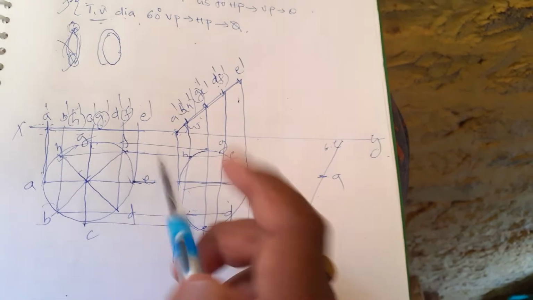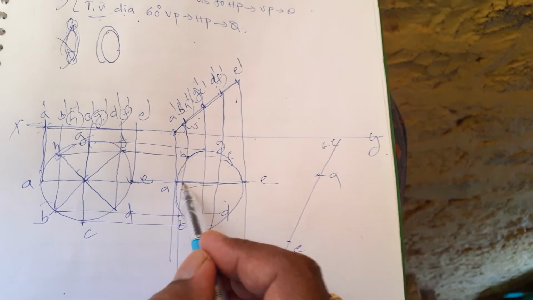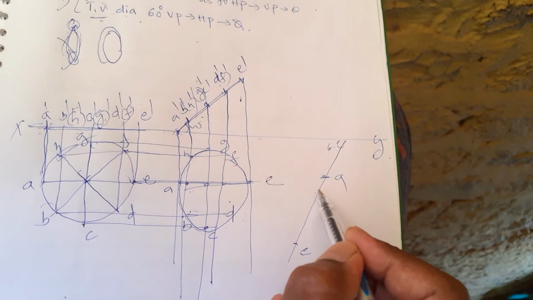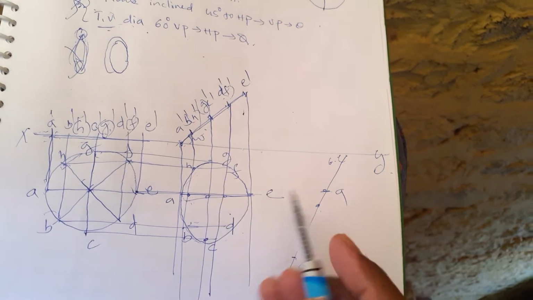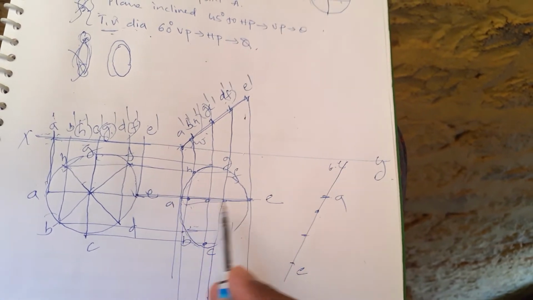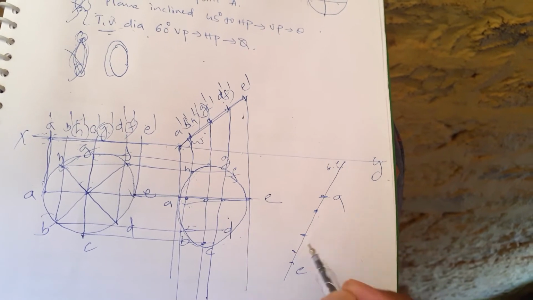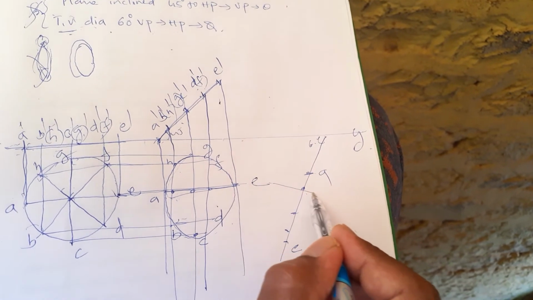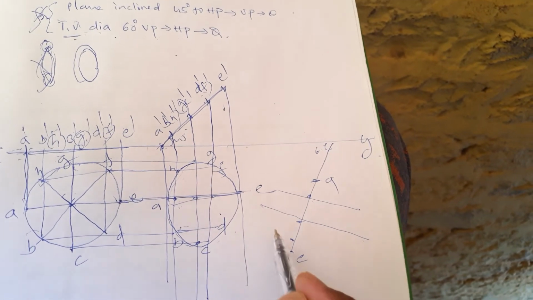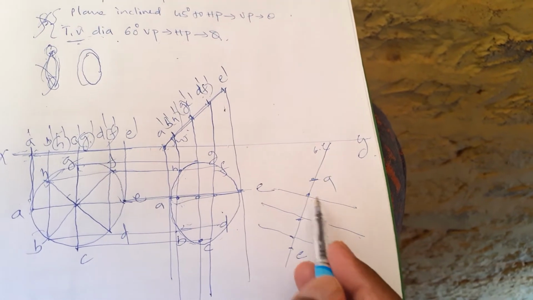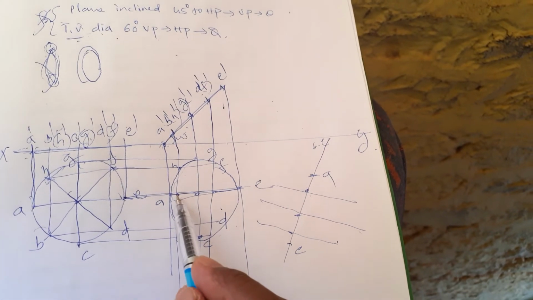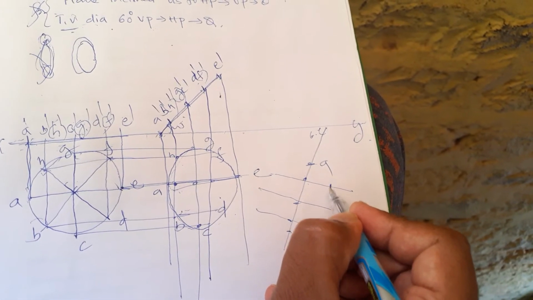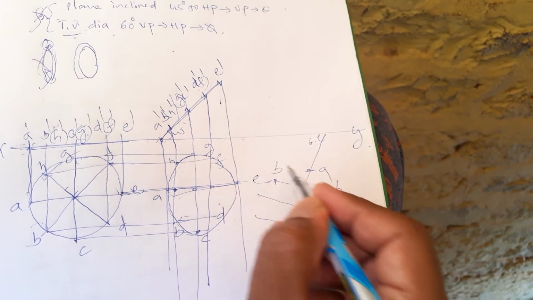Once I get AE, I measure A to each of these points and transfer them. Now you can easily draw 90 degree lines to this. Then once you get the point, you can easily make H and B. When you turn this, this will be H, this will be B. I hope you are getting it.